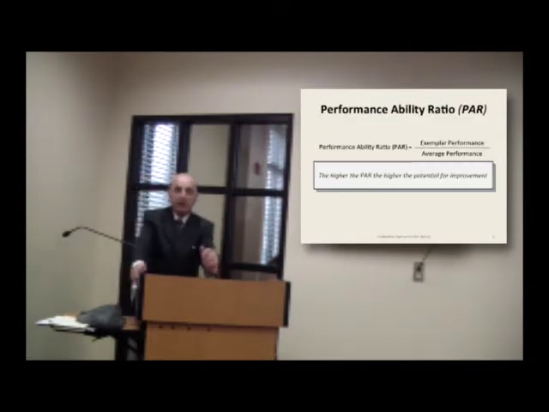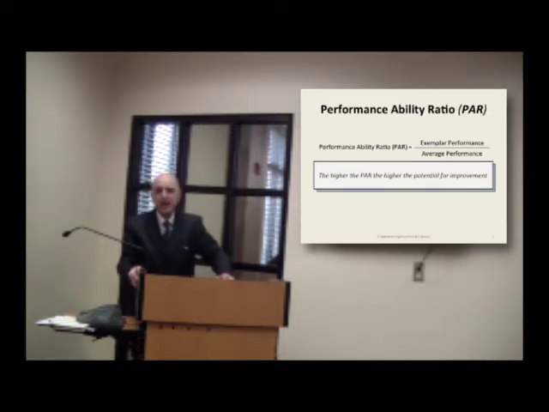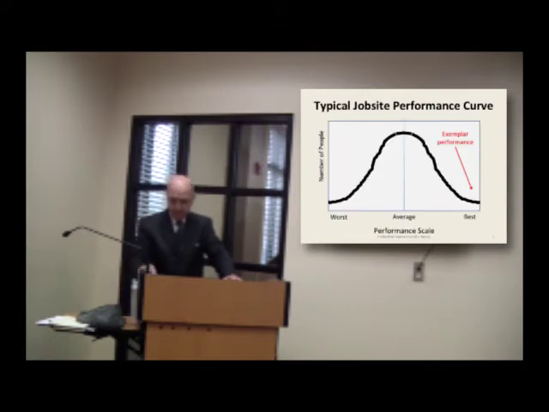If you look into the ratio between the exemplary performance and the average performance, we call it the performance ability ratio. The higher this ratio, the higher the prospect of productivity improvement. Look at this curve again. If you divide the best over the average, there is a distance between the best and the average.